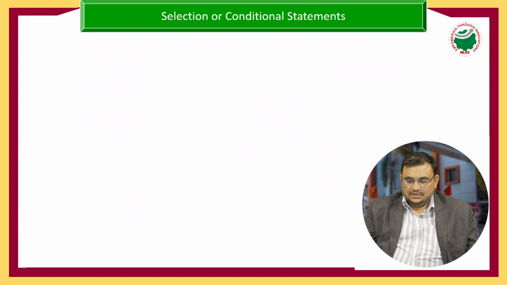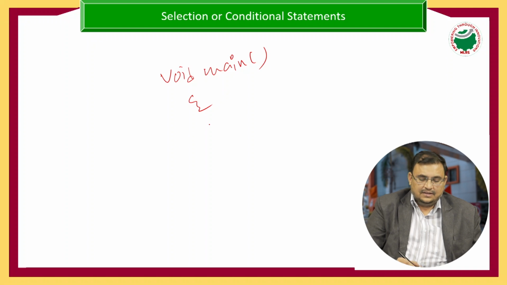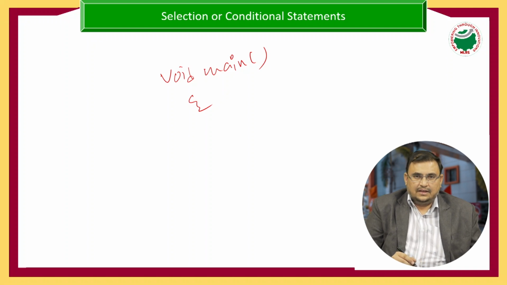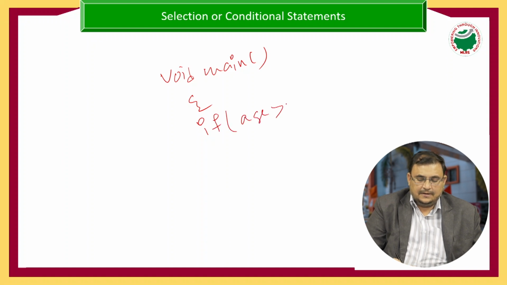Next, for example, consider a program where we write void main. Inside, we consider if age is greater than or equal to 18.